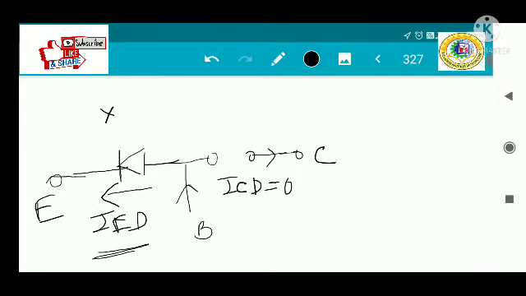But IED is there because of the forward biasing of the emitter base junction in the active region, so the dependent current source that is dependent on IED will be present here.